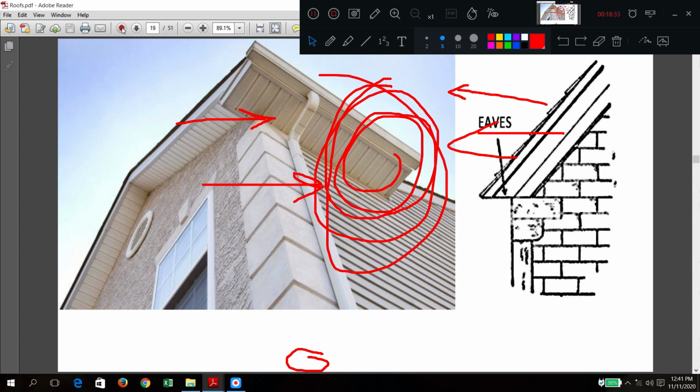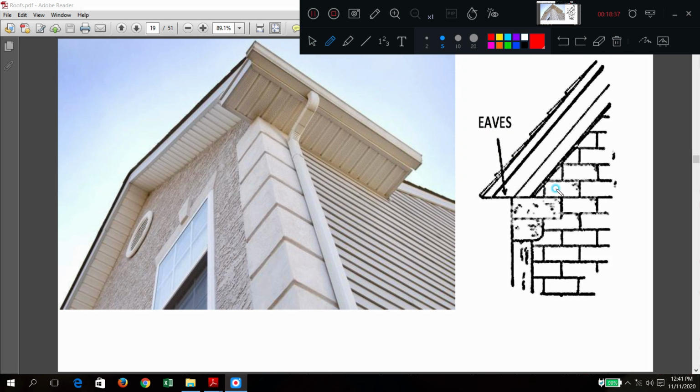So how will the eaves board appear? Eaves board which are there at the bottommost portion. This photo is taken exactly below the roof. So the highest portion of the roof is sloping like this, and this is also sloping. So you have eaves board.